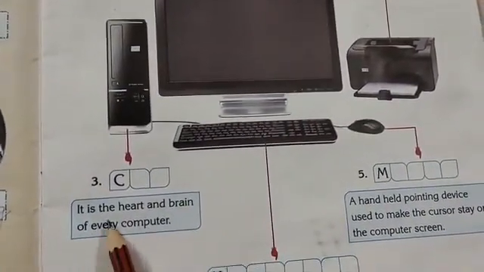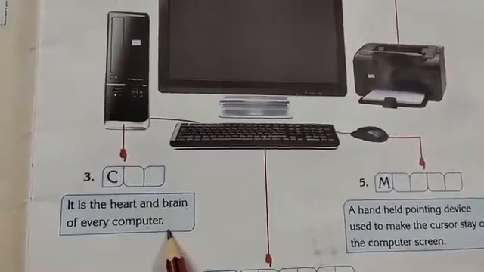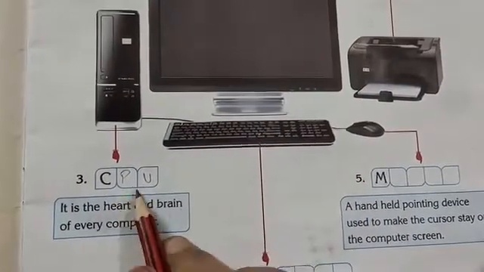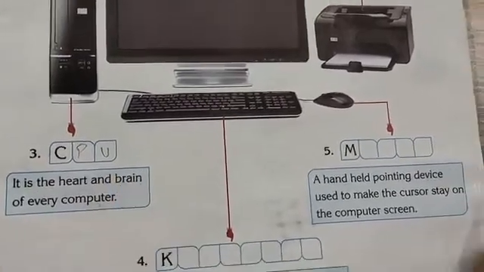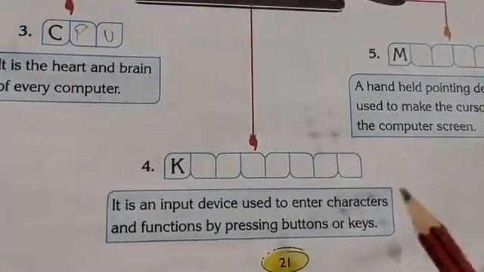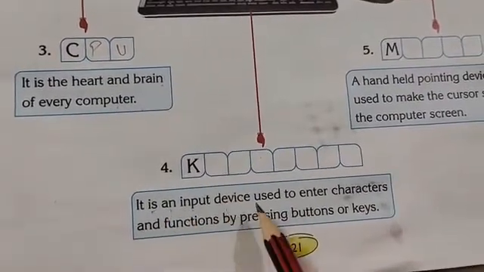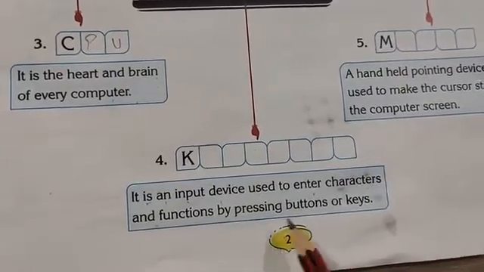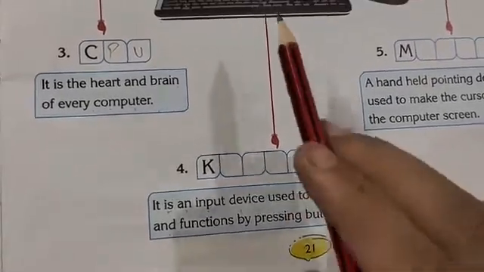Third, it is the heart and brain of every computer. CPU. Please learn the full form of CPU, Central Processing Unit. You must know. You have studied in your computer subject also. Fourth, it is an input device used to enter characters and functions by pressing buttons or keys.